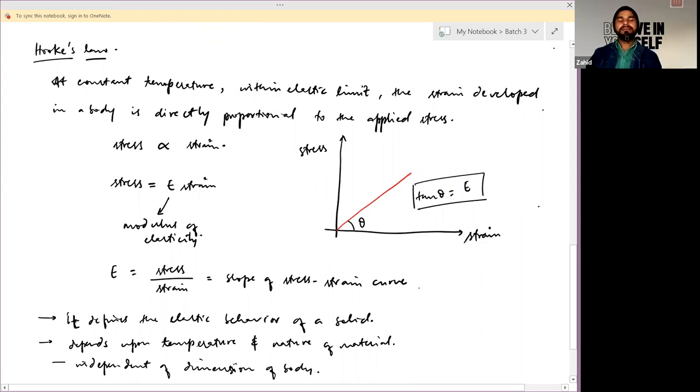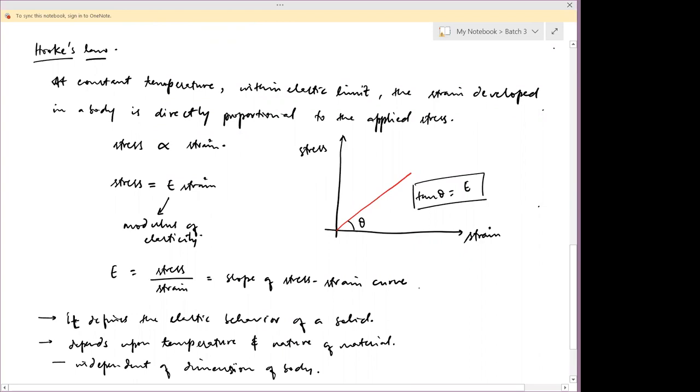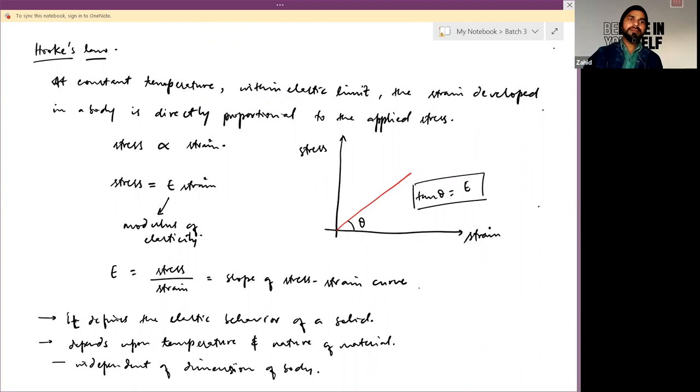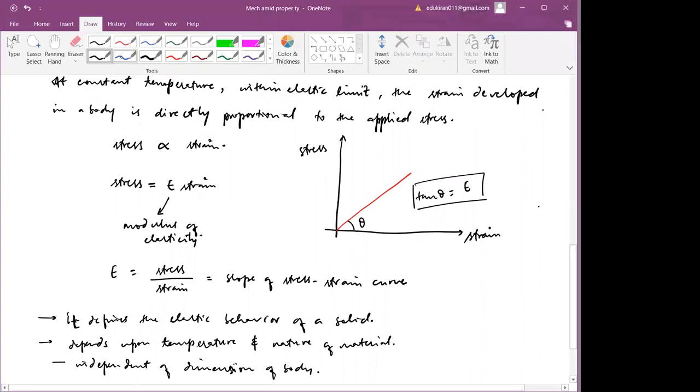Yusuf, any doubt? No, sir. Nida, is it clear till this part? Yes, sir. Okay.